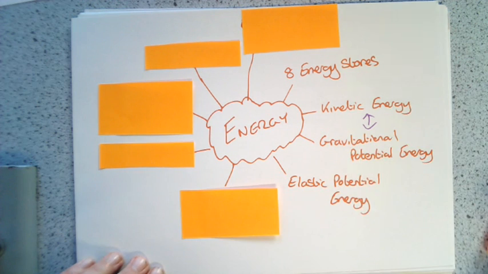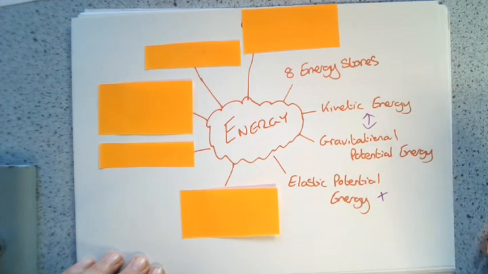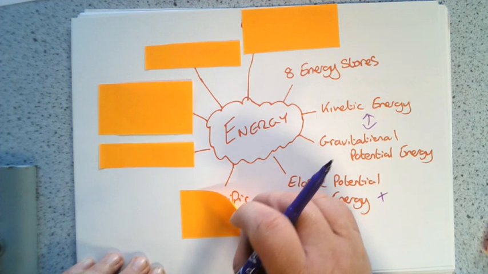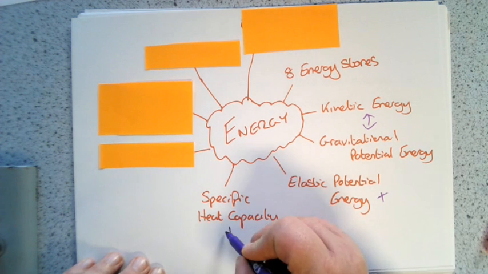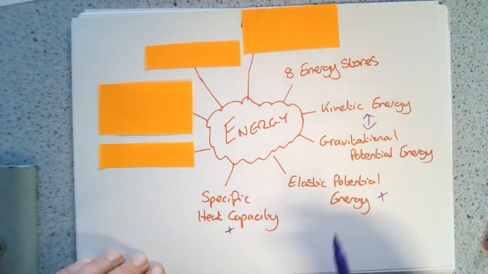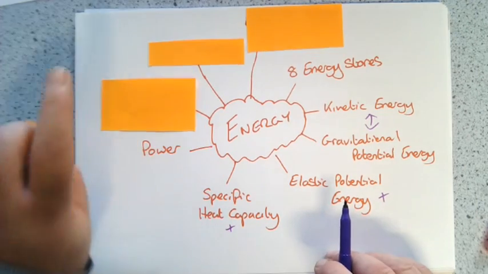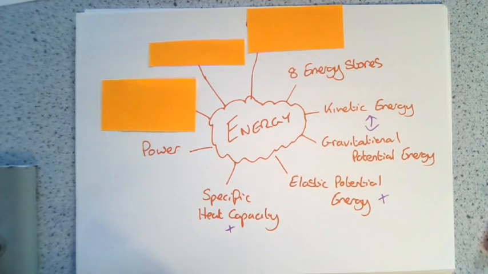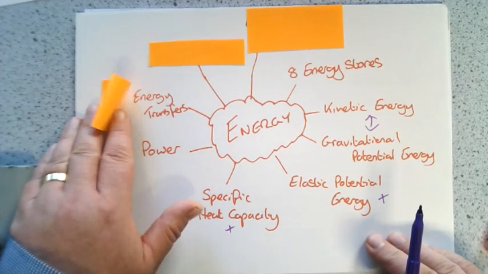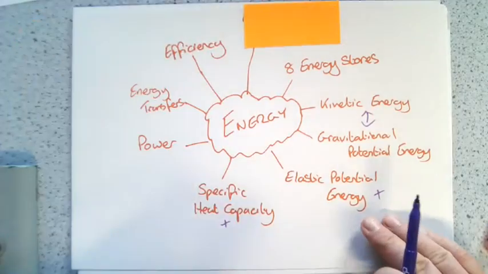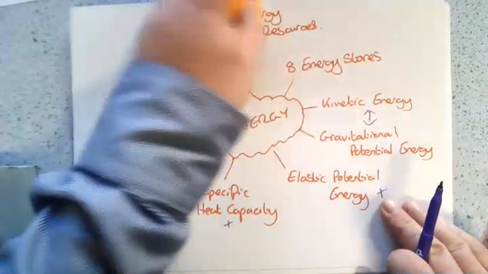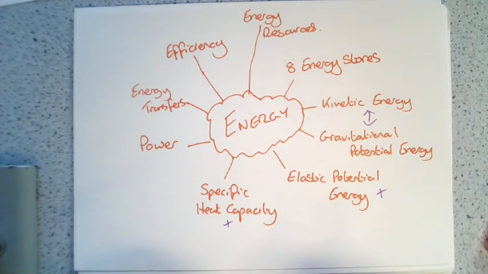We then have elastic potential energy. Big plus with this one, they give us the equation on our equation sheet. Specific heat capacity, we get the equation, but let's just remember that's one of our required practicals. We're then going to look at power and the power equations that we use, energy transfers, efficiency, and then finally the energy resources.